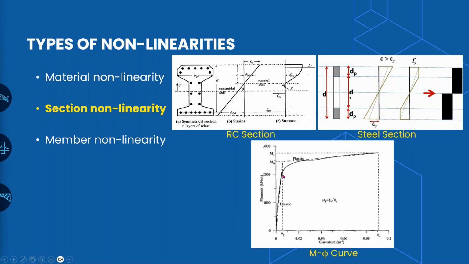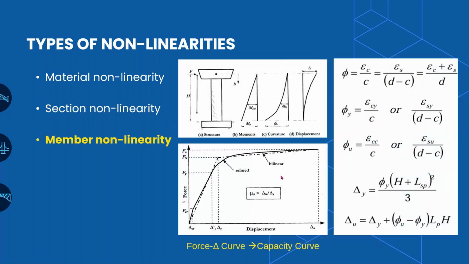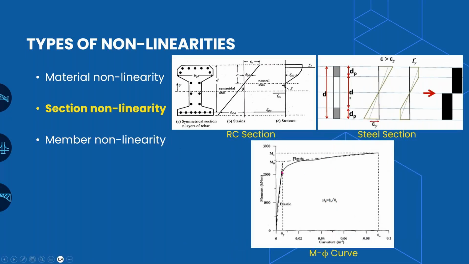Once the rebar has yielded, the section goes into a nonlinear zone, and it goes on until we can see the rupture of the reinforcing steel, or crushing of the core concrete. So this curve has been plotted.